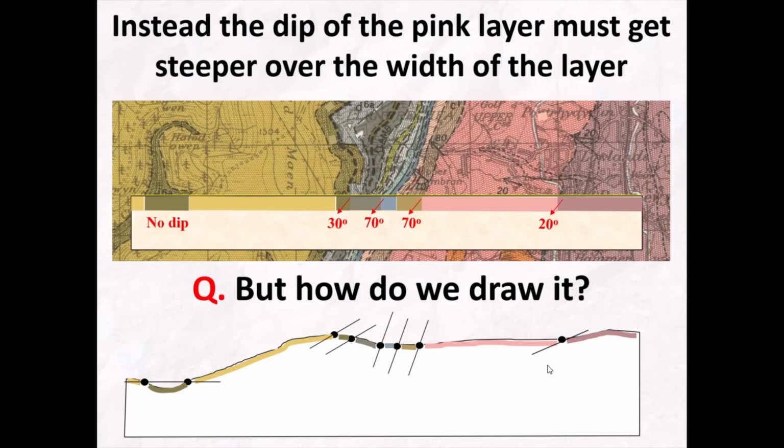Okay, so how do we draw it then? Well, the way that I would do it, and this is something called the kink band method, and you can Google this and find other descriptions elsewhere.